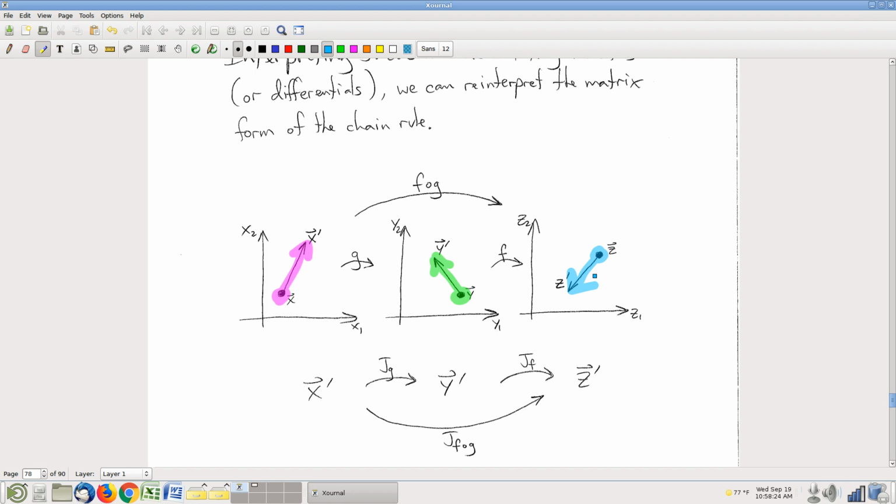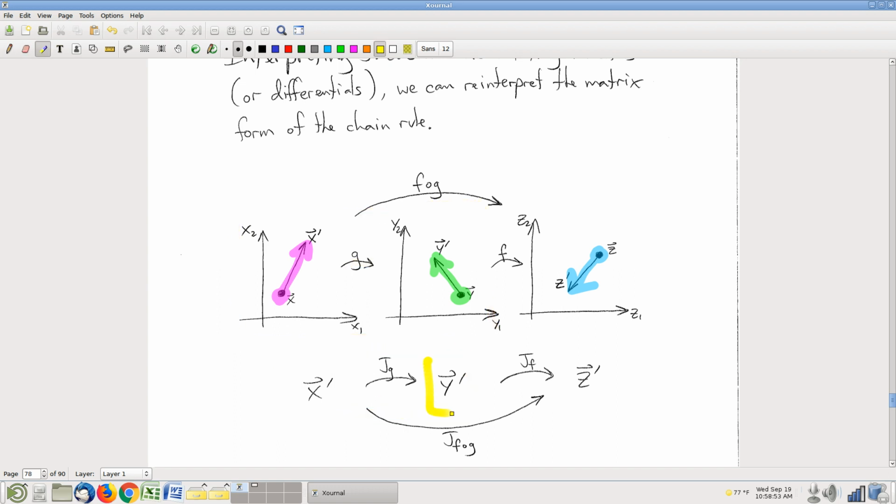Now let's talk about how all three of these vectors relate to each other by way of the three different functions on the page. The Jacobian of G multiplies by x prime to give you y prime. Jacobians multiply by input velocities to give you output velocities. Everybody happy?